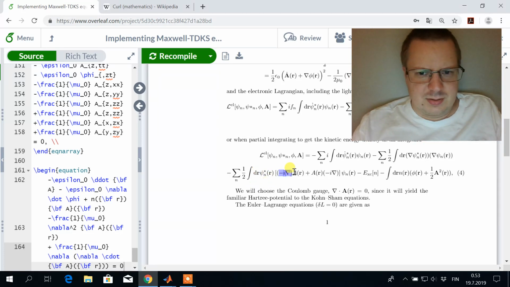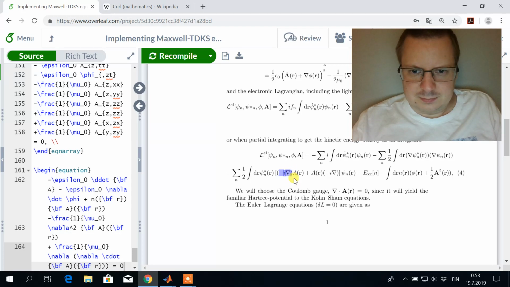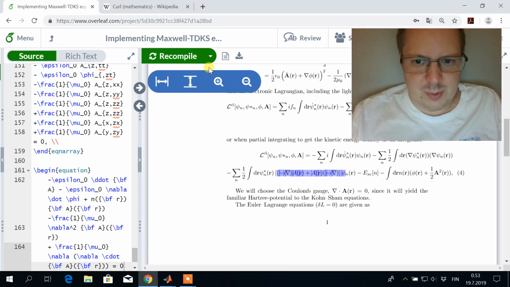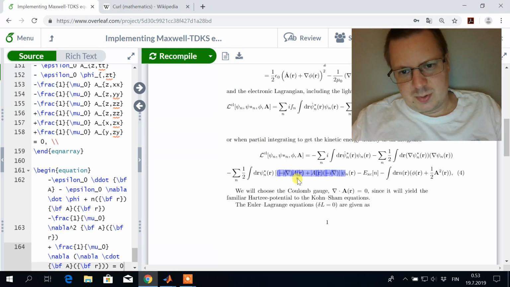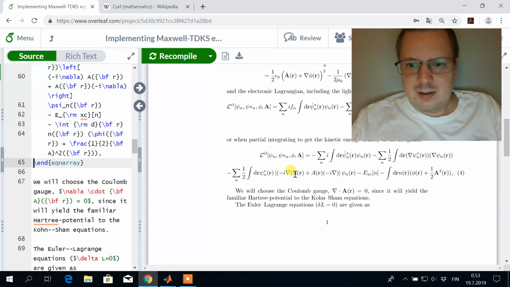So it operates to the left, and then I'm left with A again. What it yields, there's 1/2, it just yields the probability current density. In correct units, one probably should have electron charge here.